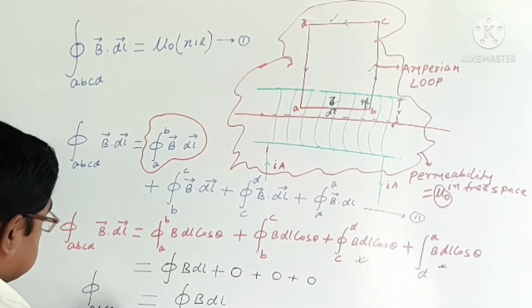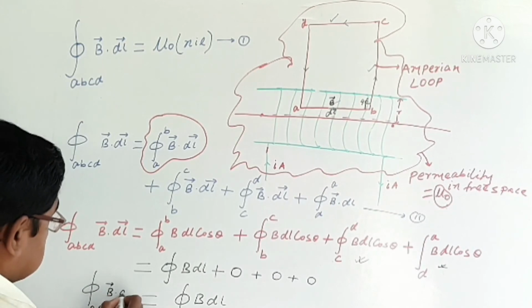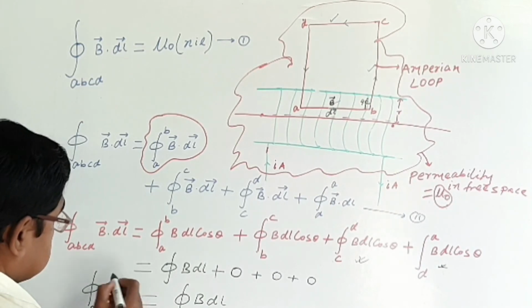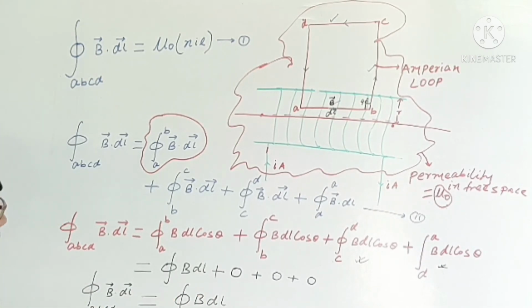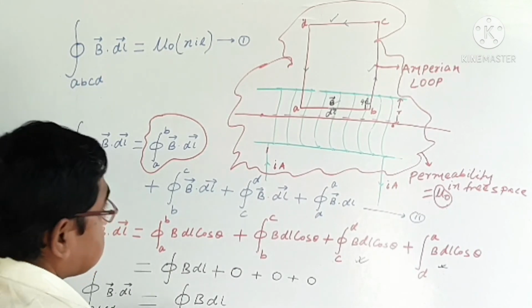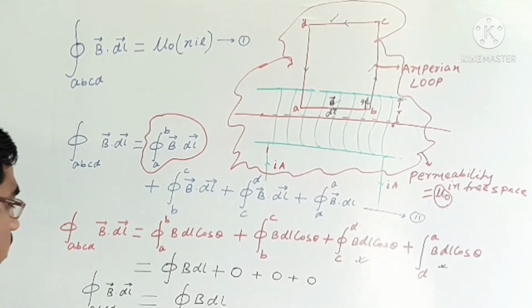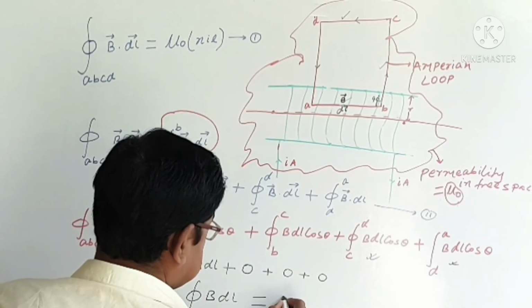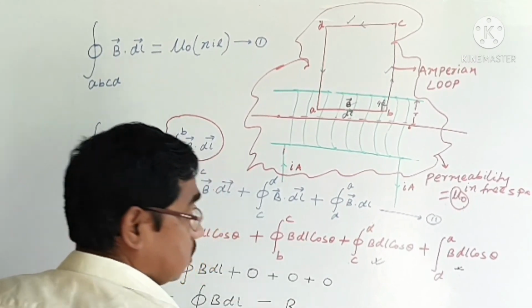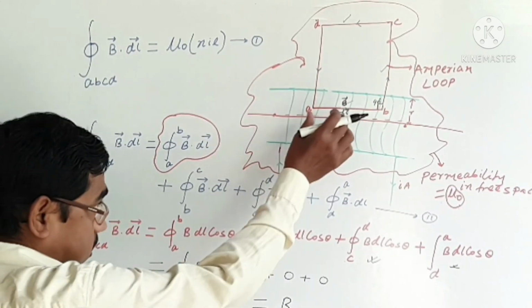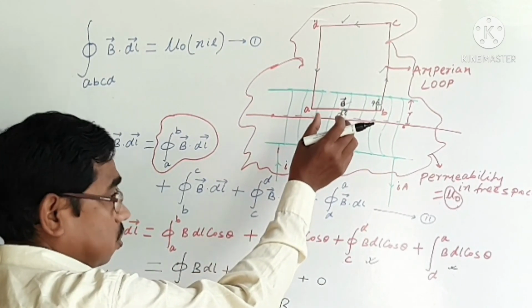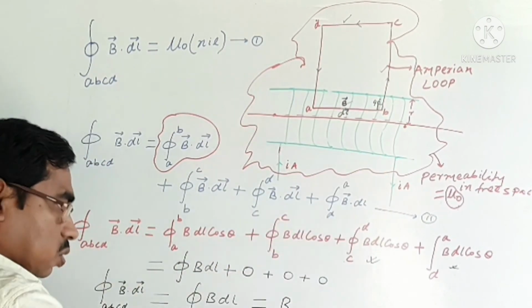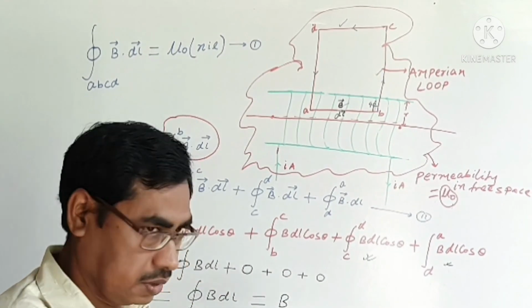And what is the value next? The value B is uniform inside the solenoid, as we have taught earlier.